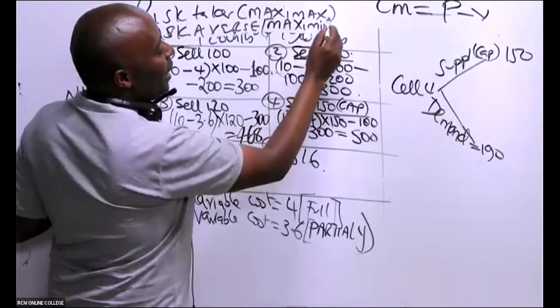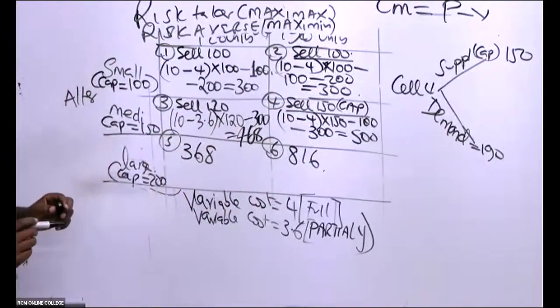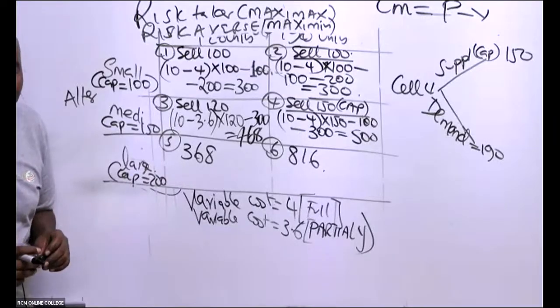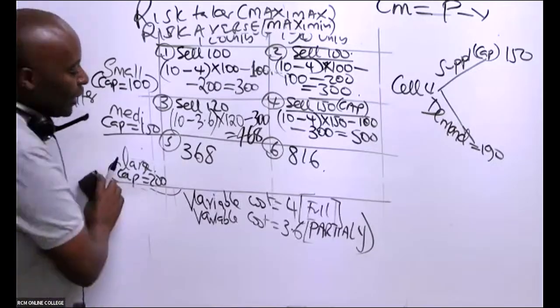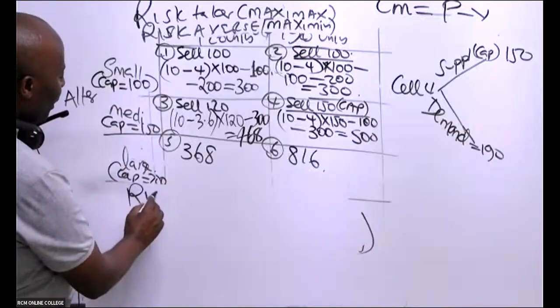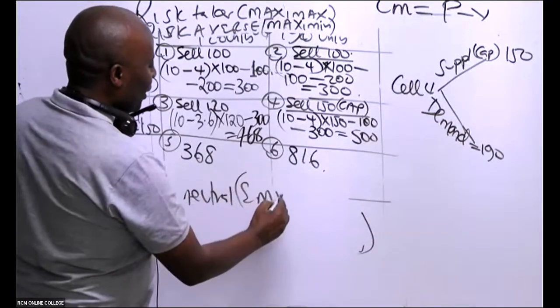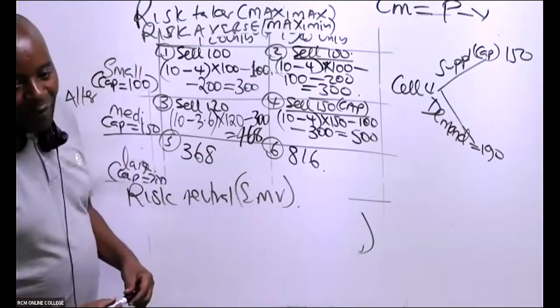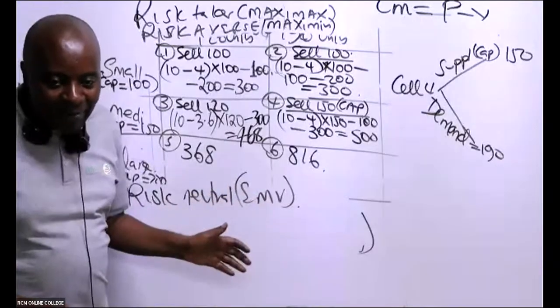Maxi mini. And then now we have, in this case here, risk neutral. Risk neutral, we advise them using expected monetary value.